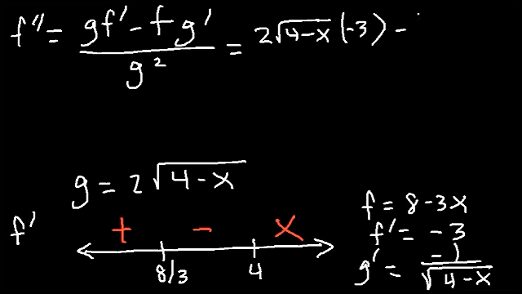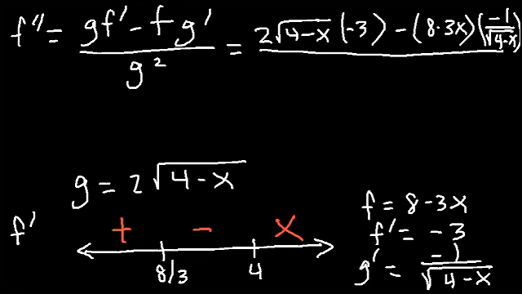And then minus f, which is 8 minus 3x, times g prime, which is negative 1 over the square root of 4 minus x, divided by g squared, which is the square of this. 2 squared is 4, and the square of radical 4 minus x is just 4 minus x. The square of a square root is just what's on the inside.